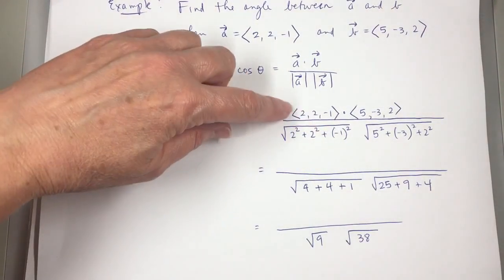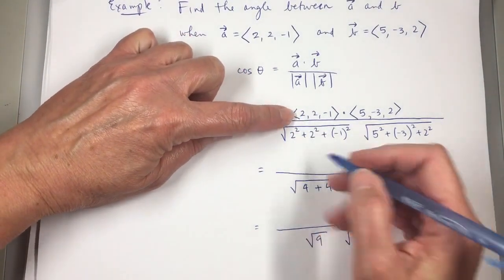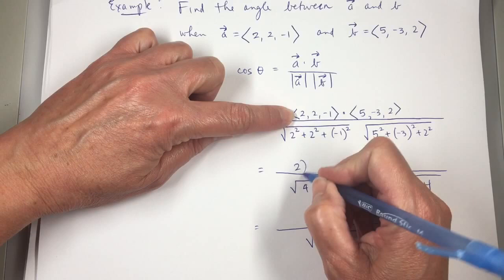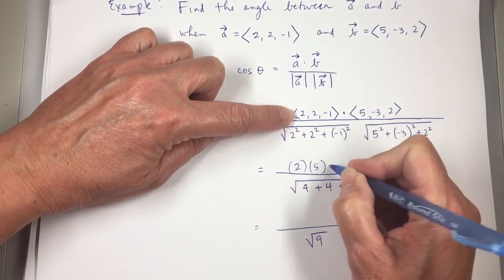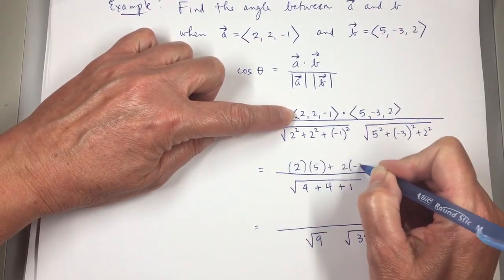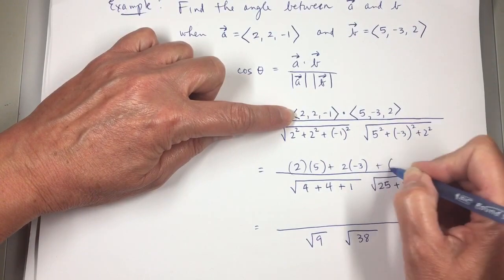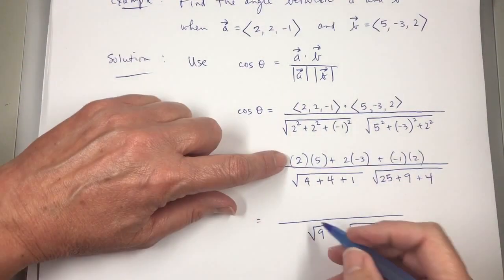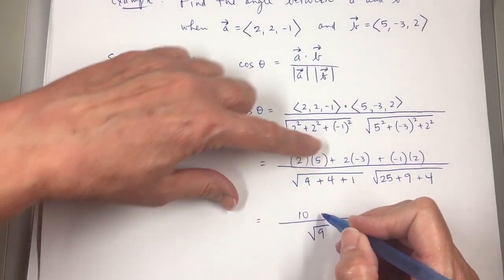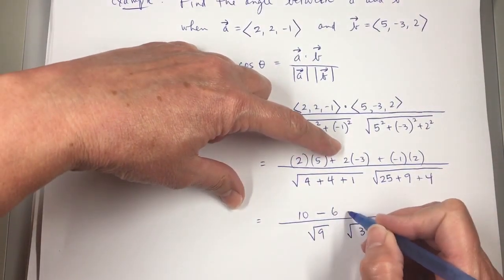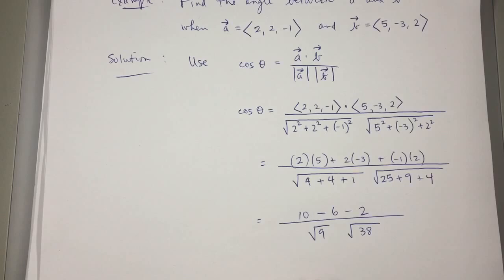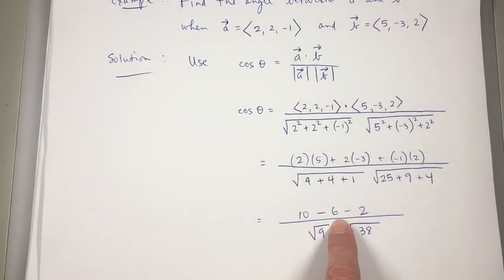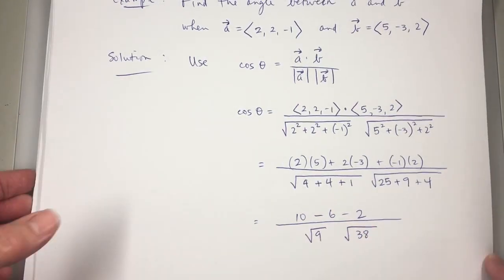Let's do the dot product on the top. 2 times 5 plus 2 times -3 plus -1 times 2. So the numerator is 10 minus 6 minus 2. 10 minus 6, that's 4. 4 minus 2 is 2.